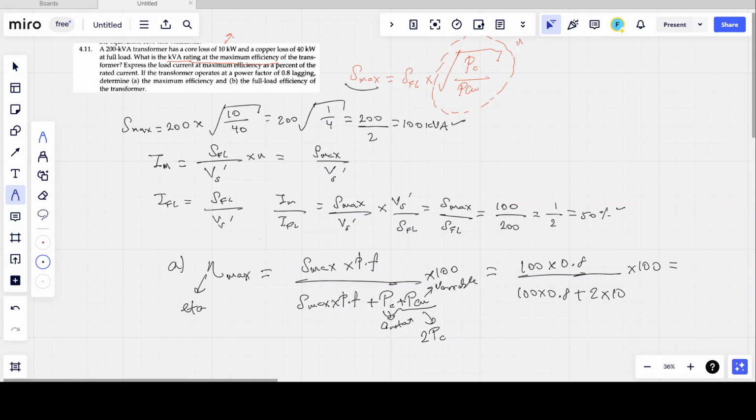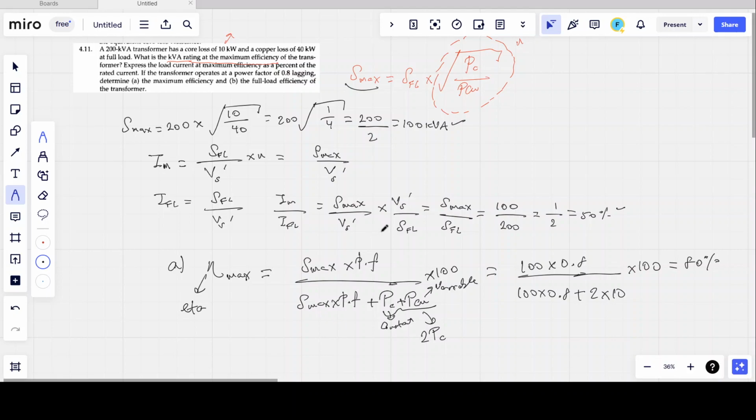The 100 is multiplying the whole thing for me to change it into percentage. So my percentage is 80%. So the maximum efficiency in this case is 80%, right? So this is the maximum efficiency.